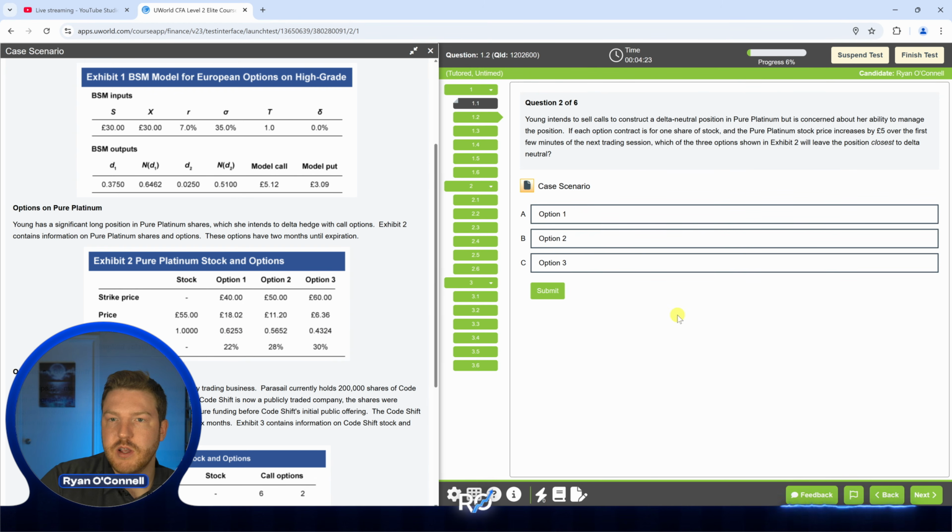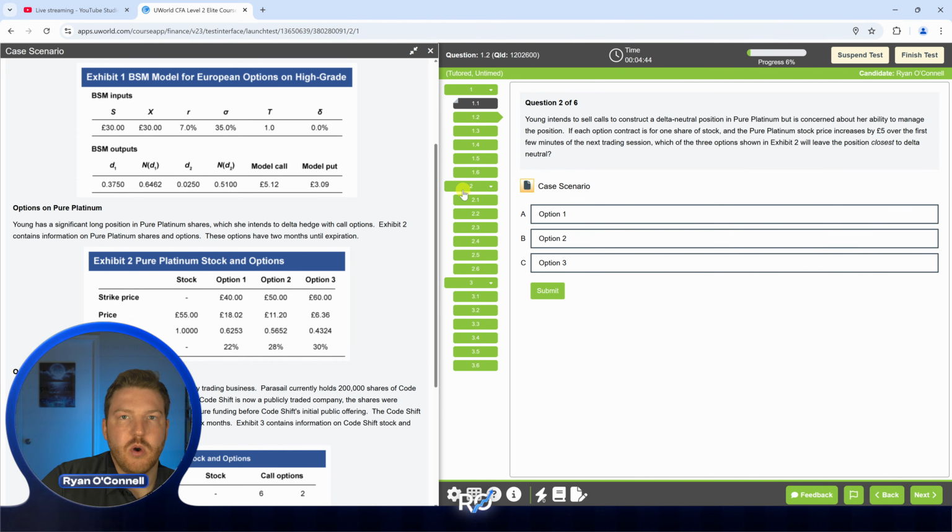So we're wondering, if each option contract is for one share of stock and the stock price increases $5, so from $55 to $60, which of the three options will leave the position closest to delta neutral?